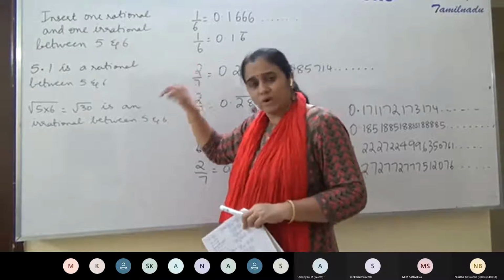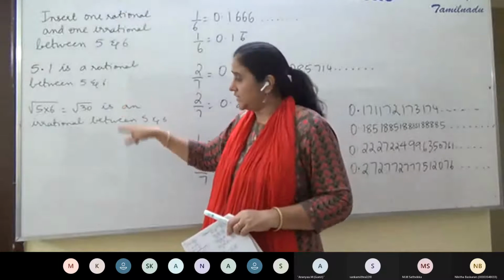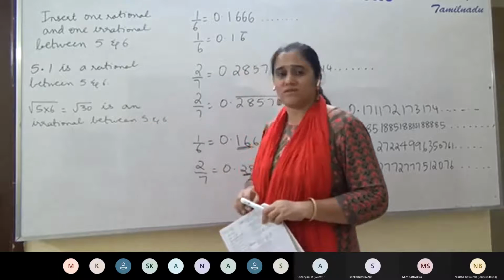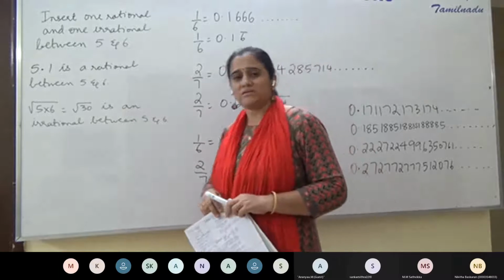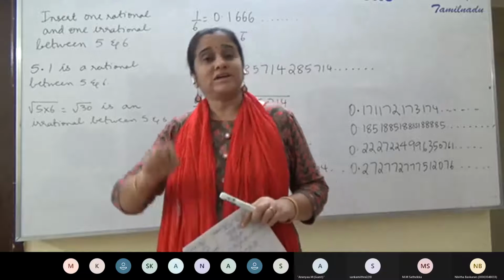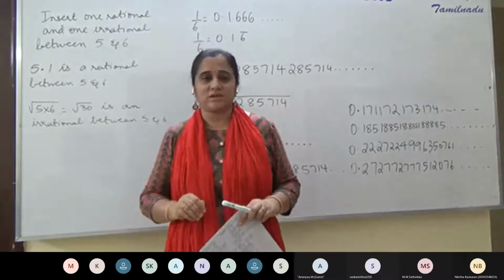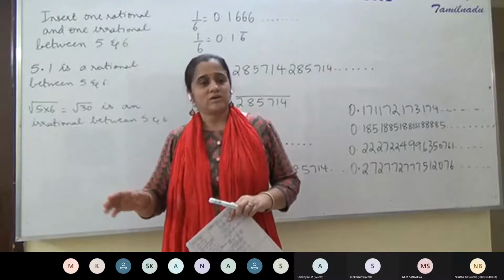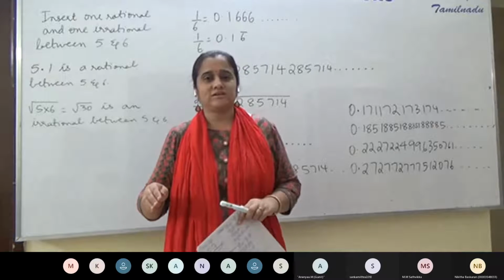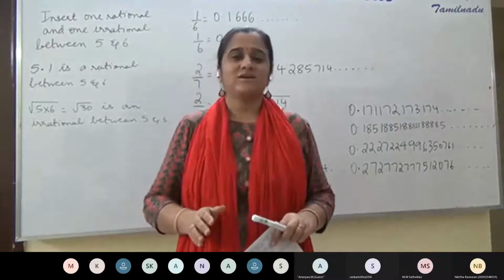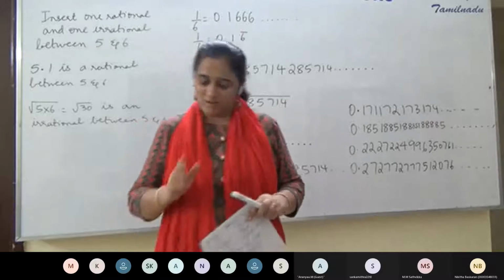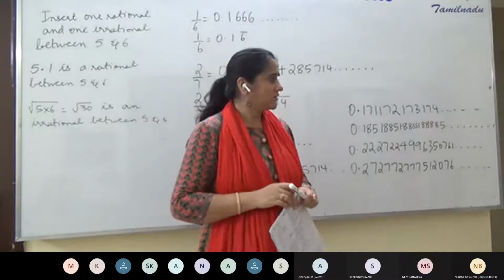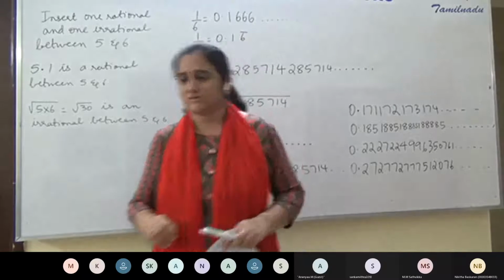So the square root of the product is an irrational number between 5 and 6. Okay, so what will be the square root of 30? 30 is not a perfect square. Let's start from there. So the square root of 30 will be an irrational number.